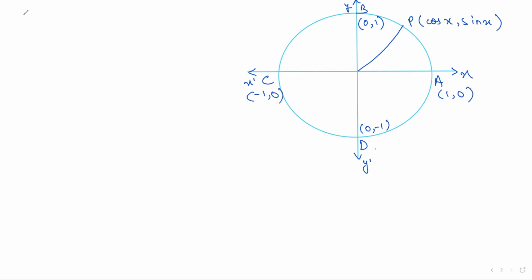Now what is a negative angle? From 0 degree, let's say this x value is moving in this direction. So the angle covered will be minus 90 degree, because you're moving in the clockwise direction. So sine minus 90 degree is equal to minus 1, and cos minus 90 degree is equal to the first value, which is 0.